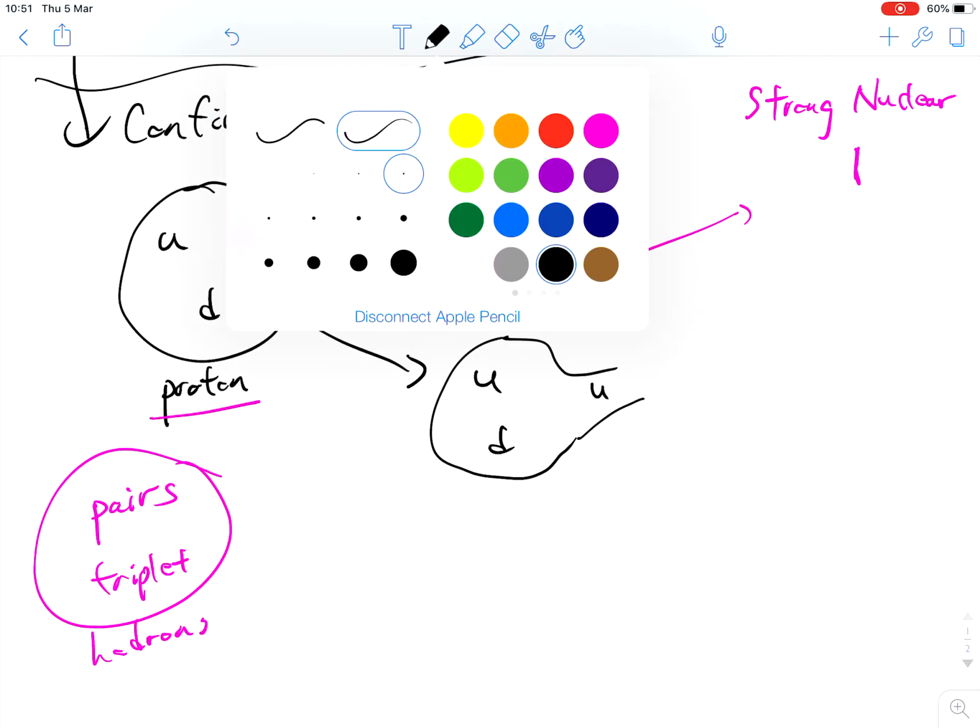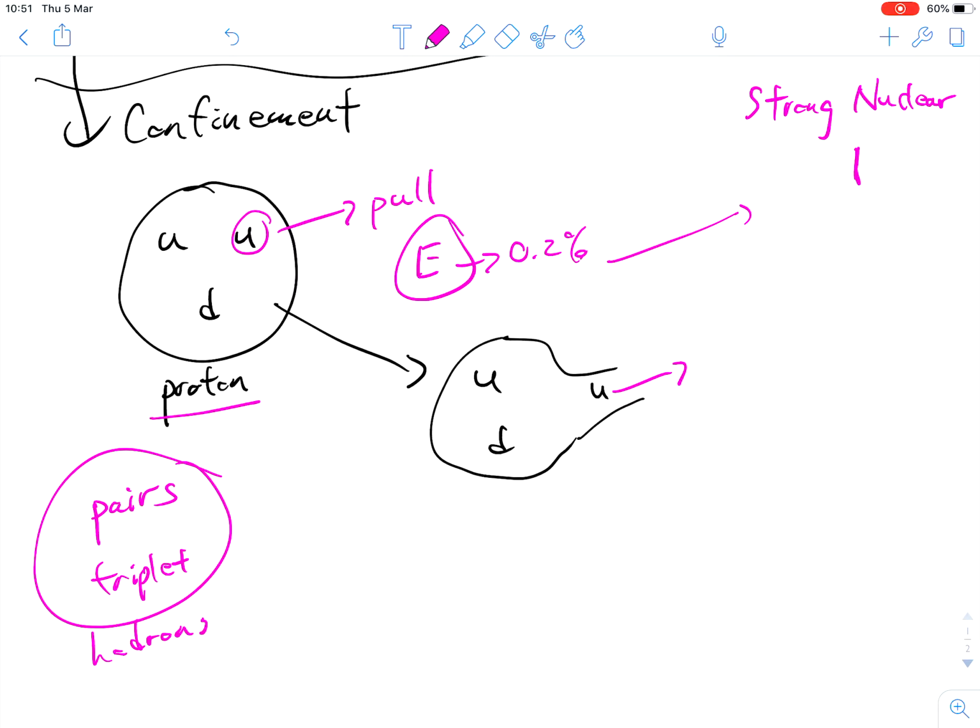Suppose we exert more energy, let's say 80% of the strong nuclear force energy. We're going to pull this quark further and further away from its origin point, and we're exerting huge amounts of energy approaching the strong nuclear force.